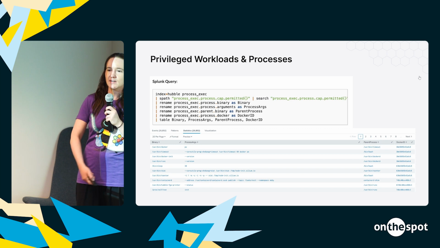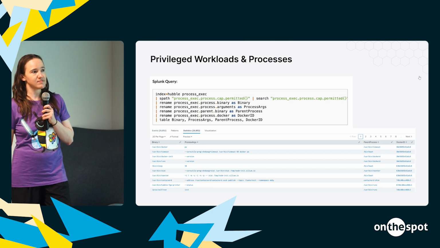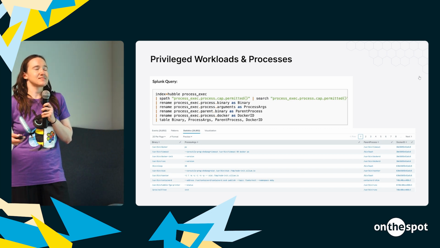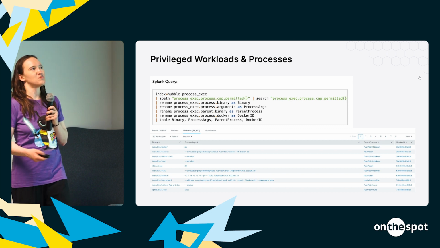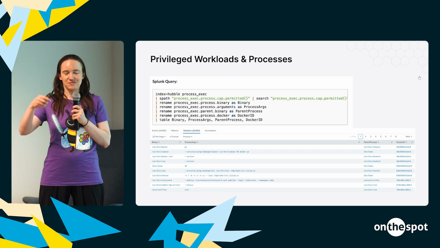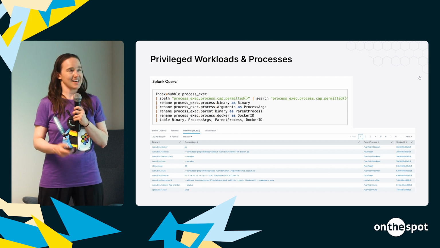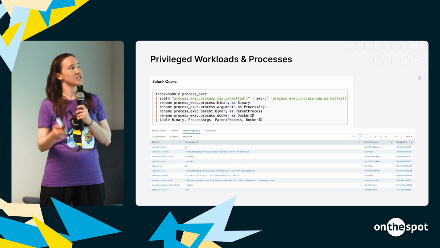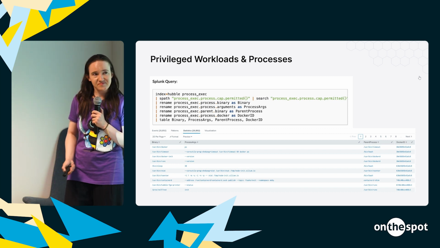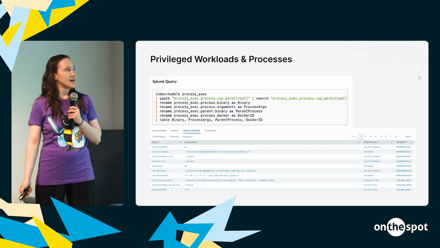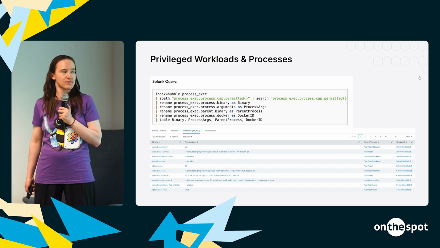Nobody likes running privileged workloads, but sometimes you have to, and because you do, you want to monitor that you are not running any additional privileged workloads. So this is a Splunk query for it.